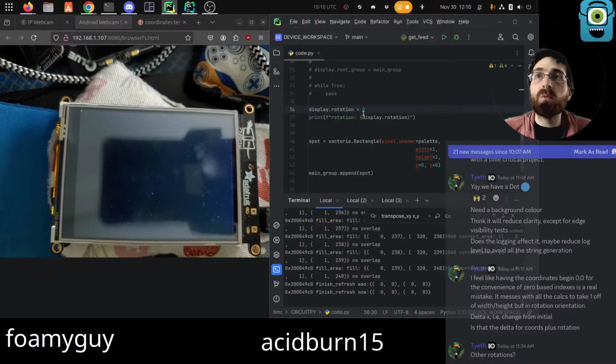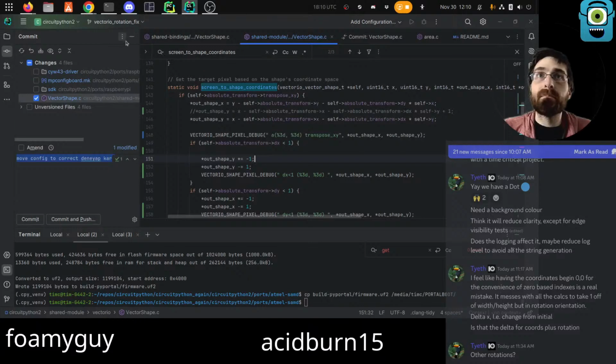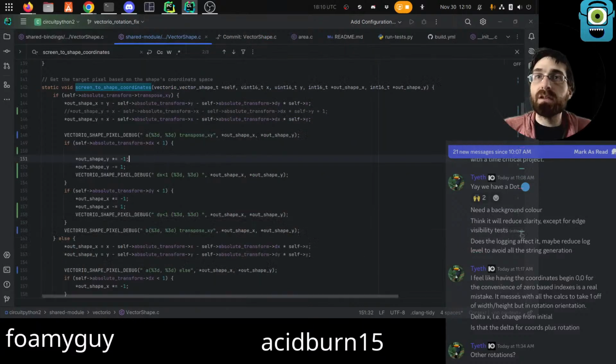But 180 is still going to be broken because 180 doesn't use transpose XY. 180 has a separate branch of logic. It's the else instead of the transpose XY.